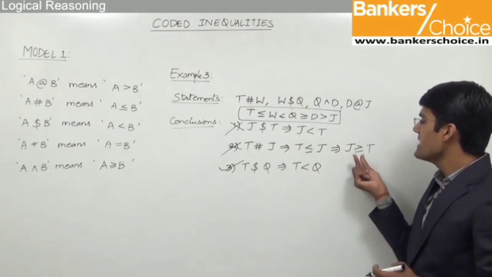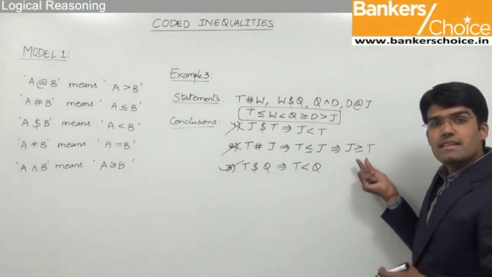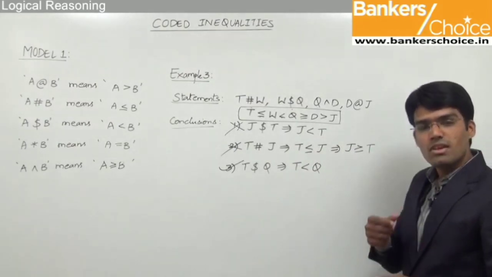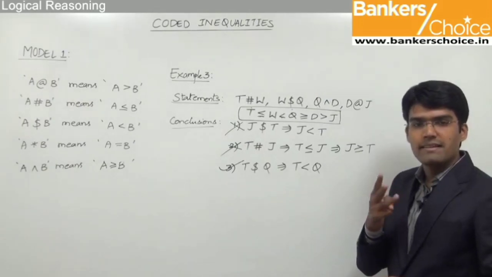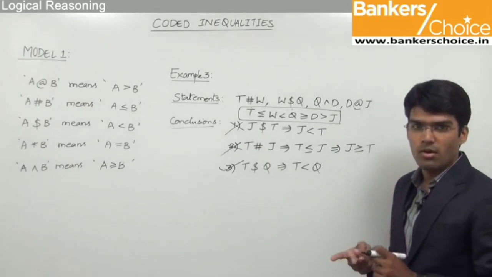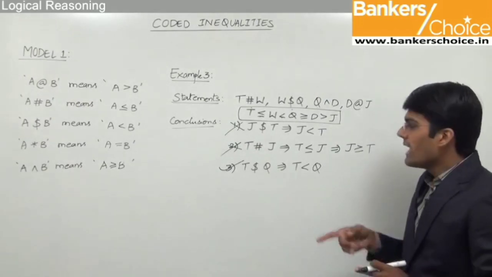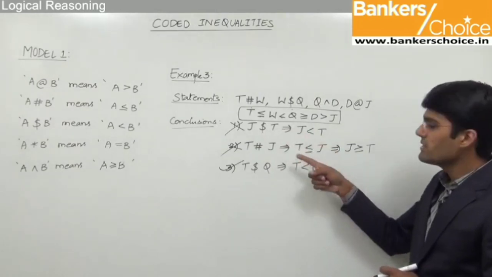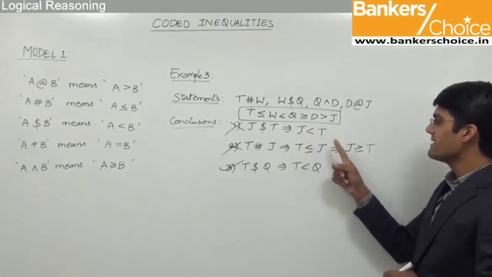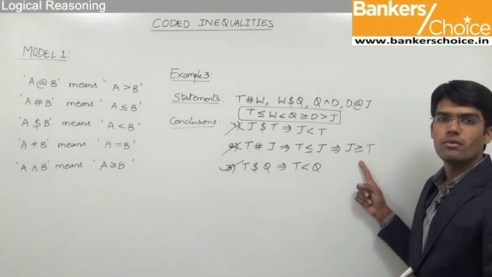In conclusion 2, J is greater than T, or J is equal to T. That means we have already learned that there are 3 types of comparison, either less than or greater than or equal to. And by combining the first 2 conclusions, we get each one of them, J less than T, J greater than T, and J equal to T.